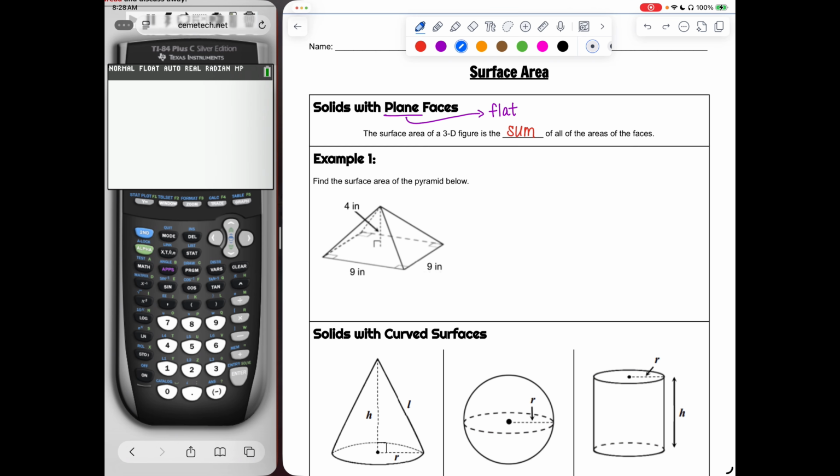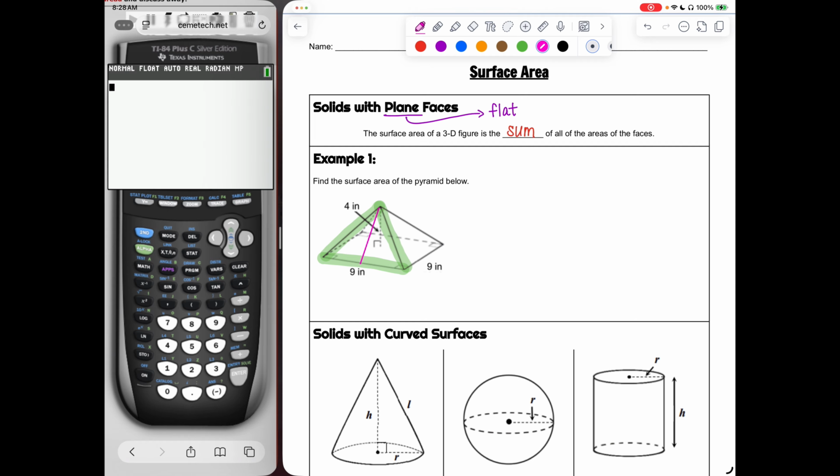So let's start with the triangle. In order for me to find the area of this triangle, one thing I need to know is the height of this triangle.